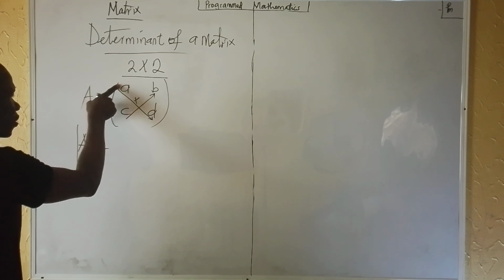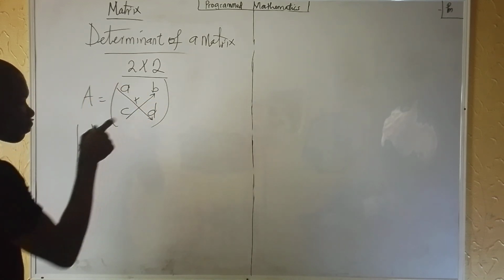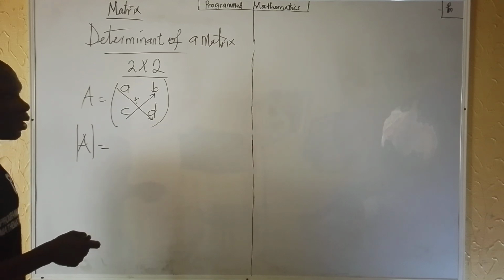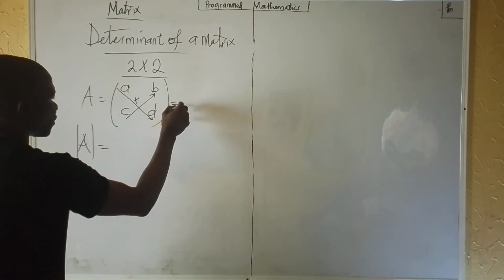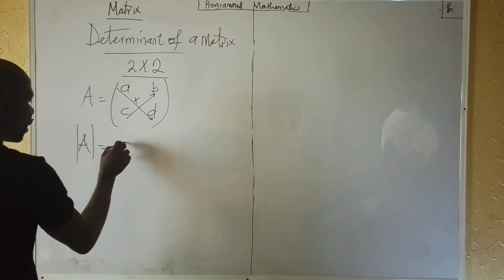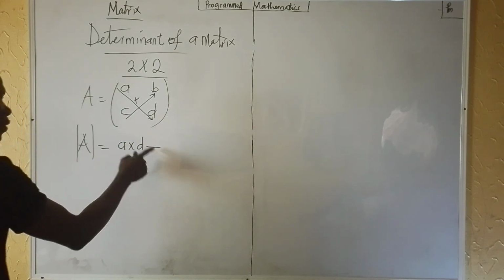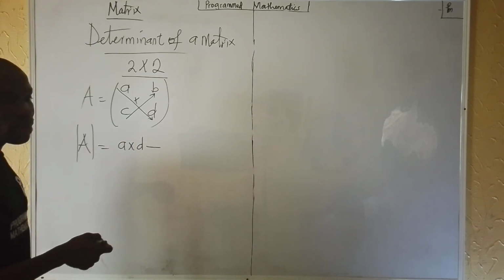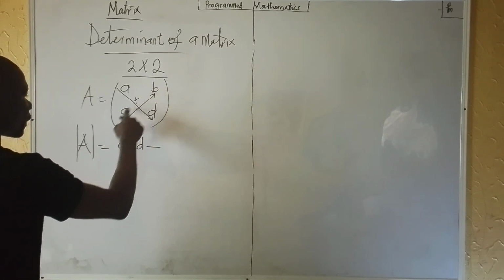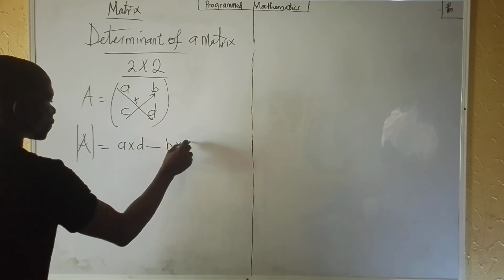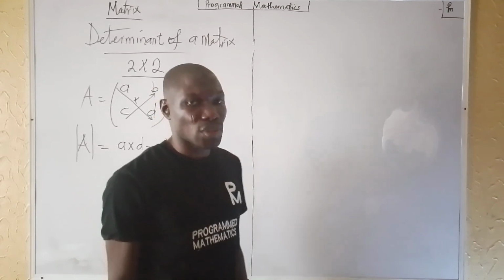The first element in this matrix is element a, so the diagonal through that a is called the principal diagonal. And so we multiply the elements on the principal diagonal. That is, here we have a times d. Now minus, this is always a minus, minus the product of these two elements b and c. So b times c. Now you'll be wondering, why should it be minus? Why not an addition?